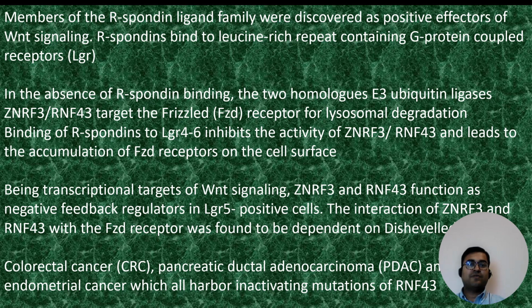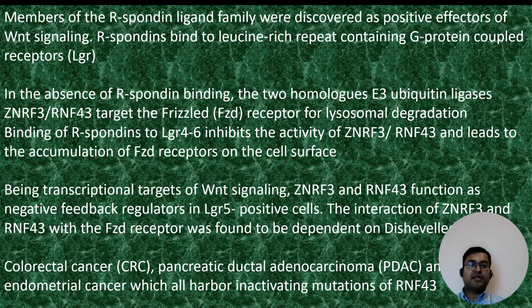In the absence of R-spondin binding, ZNRF3 and RNF43 target the frizzled receptor for lysosomal degradation. Binding of R-spondin to LGR4/5/6 inhibits the activity of ZNRF3 and RNF43 and leads to the accumulation of frizzled receptor on the cell surface.